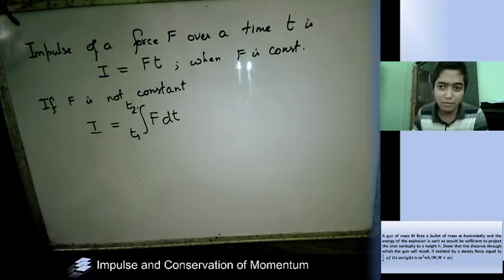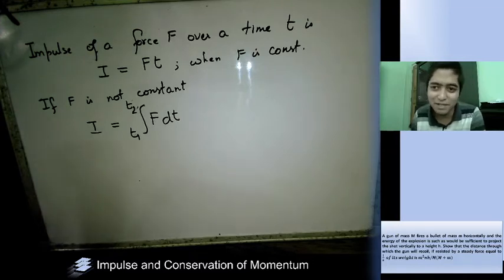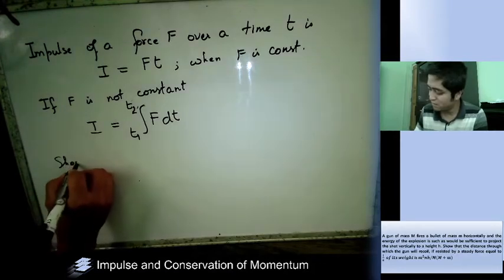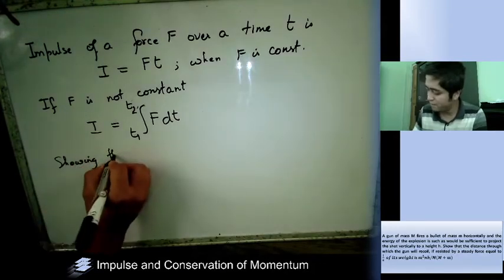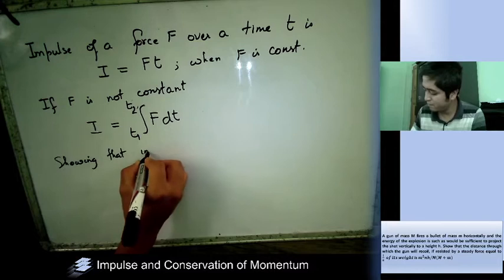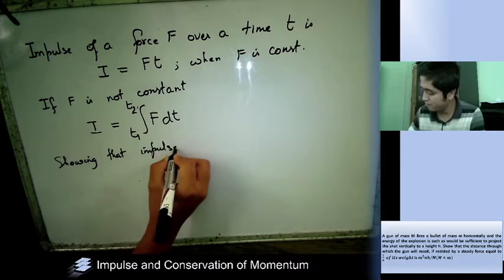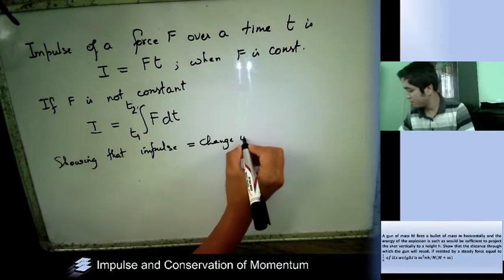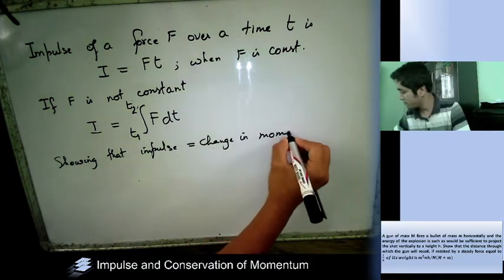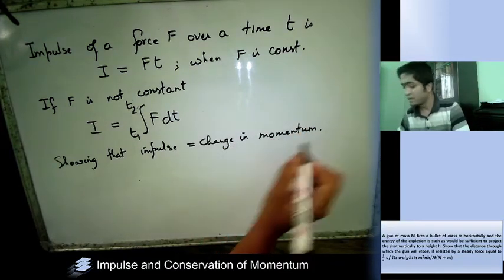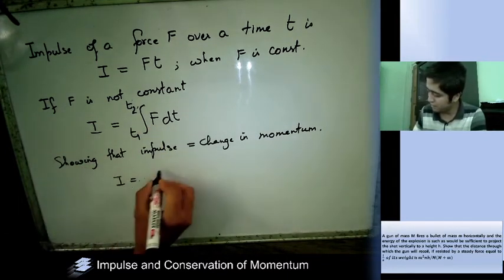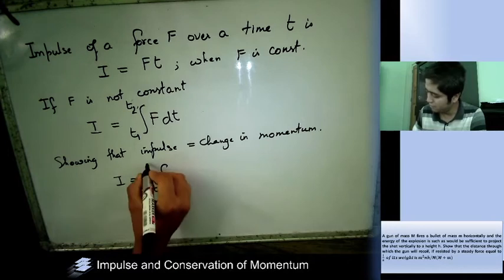What we are going to do now is show that the impulse is equal to the change in momentum. By using this equation, I = ∫ F dt from t1 to t2.